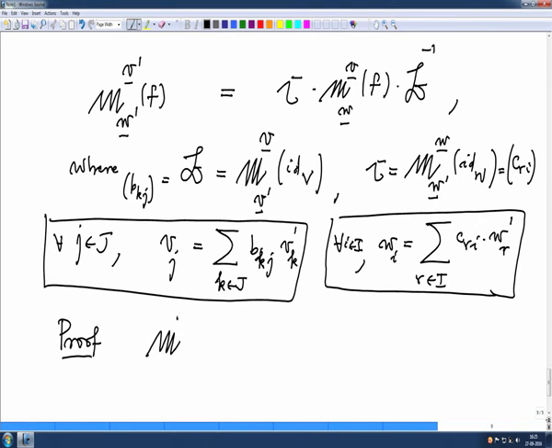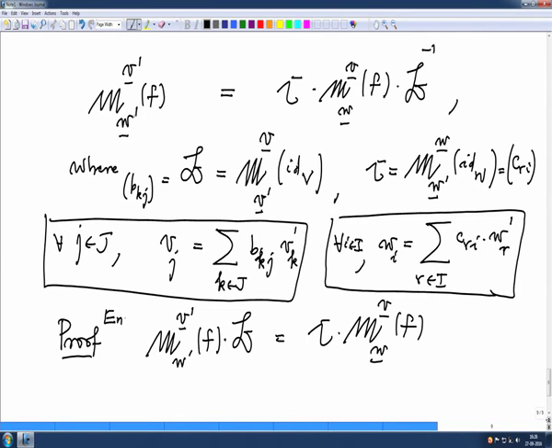So M_V prime W prime F times B equals C times M_V W F. We have to check this. Okay, but what is this? So enough to verify this equality.